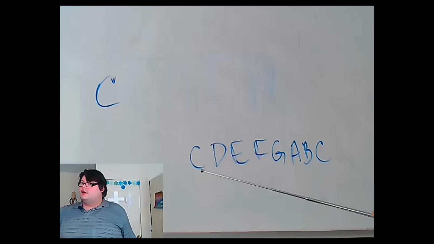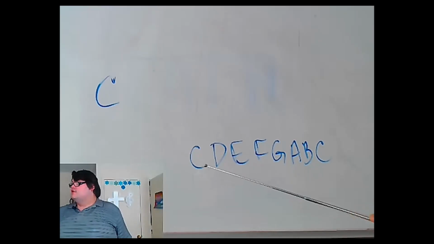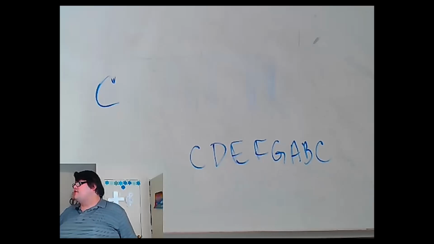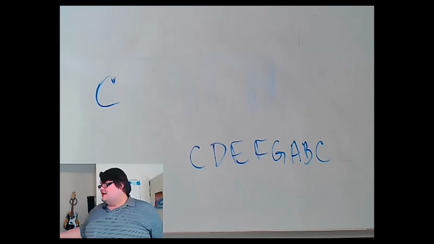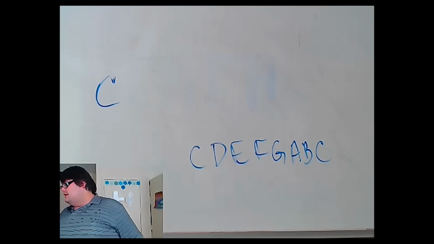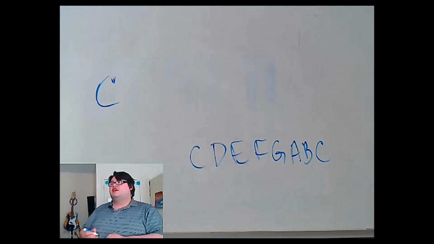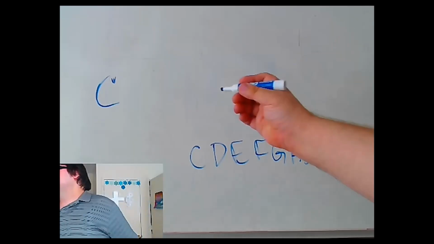So we go 1, 2, 3, 4, and 5. That means that in this scale, the fifth note would be the G. So we're going to write G on the next one.